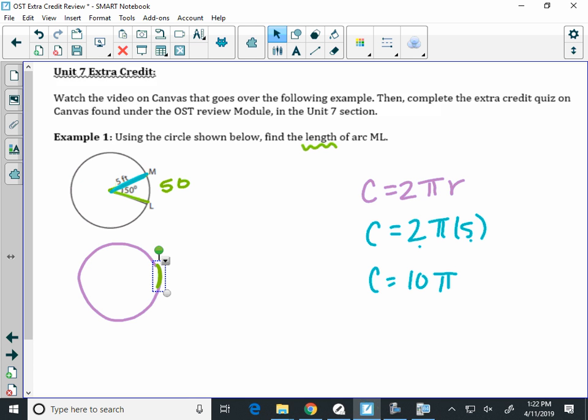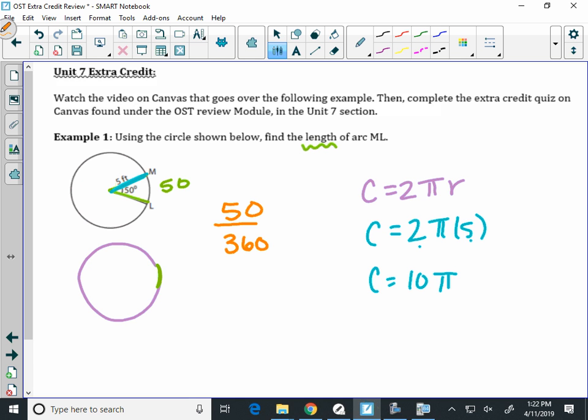We just want to know what fraction of that circle that piece is. As we know what fraction of the circle that arc is, we can use the circumference to find it. To figure out what fraction of a circle that arc is, you use the measure, because the degree of the entire circle is 360. The measure of just that arc is 50 degrees.